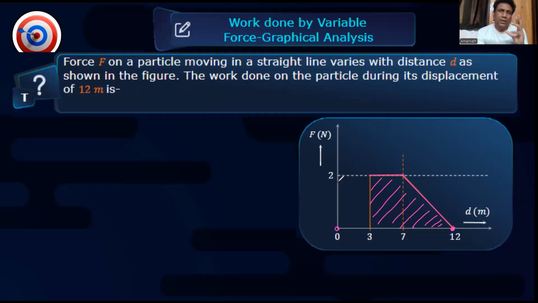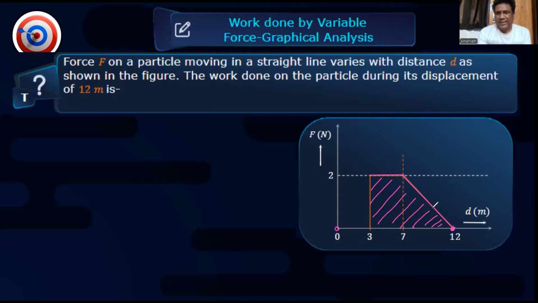For work done, both force and displacement must be there. From 0 to 3, force is not there, but the particle is displacing. Without force also a particle can displace. In space, all the particles keep on moving, but net force is 0. So for displacement, force is not required. Force is required for acceleration only.